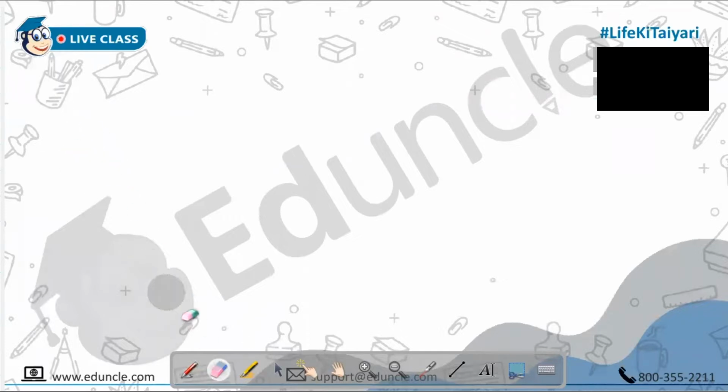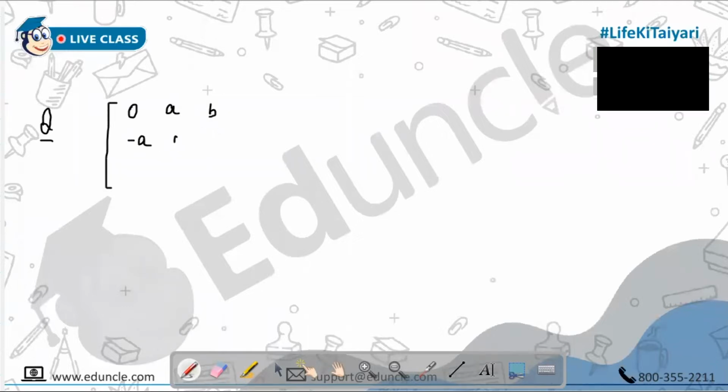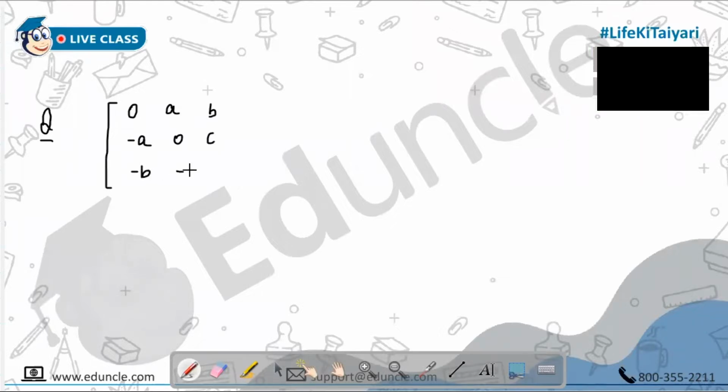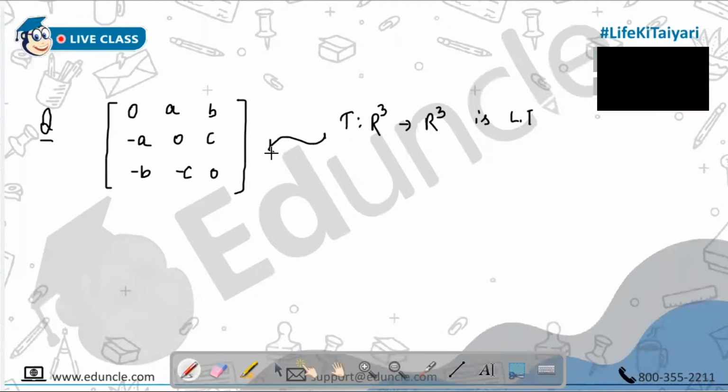So we have a matrix actually: 0 A B, minus A 0 C, and minus B minus C 0, and T such that R cube to R cube is a linear transformation, and this is its matrix representation with respect to the standard basis of R. And I have only one problem in this.